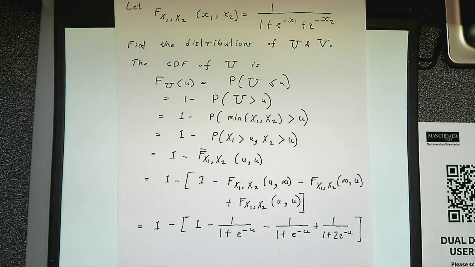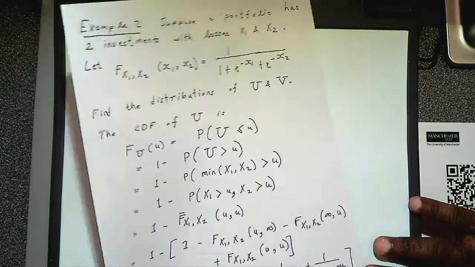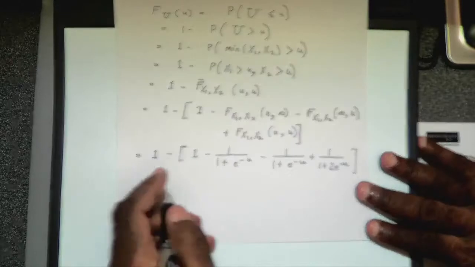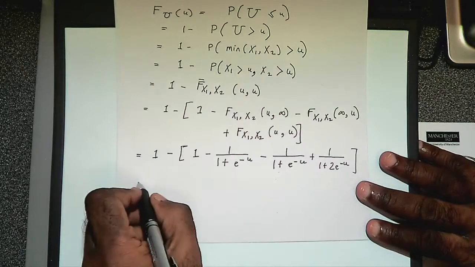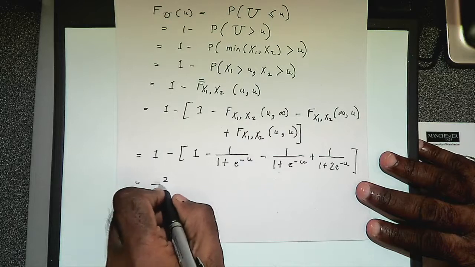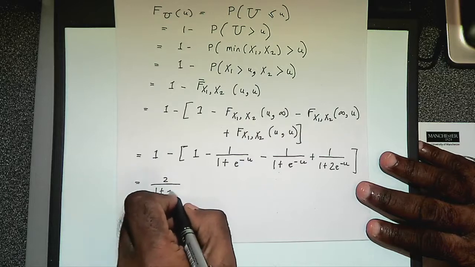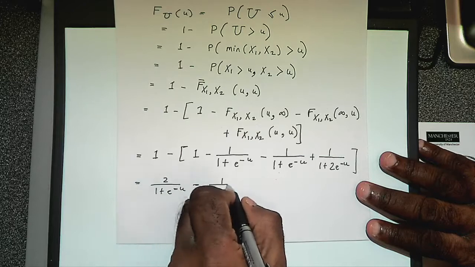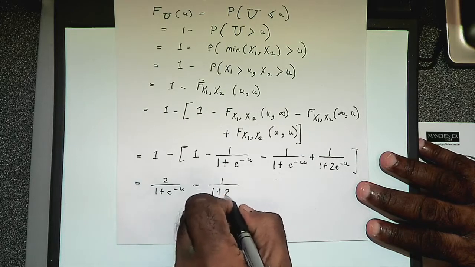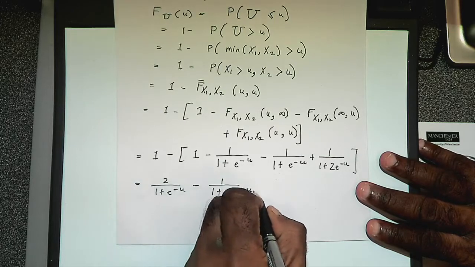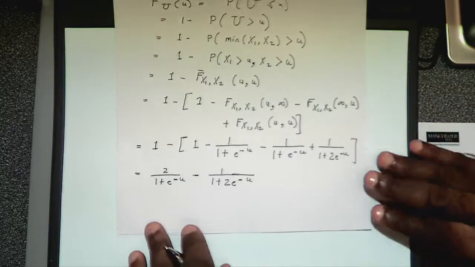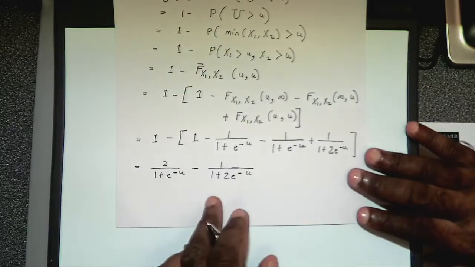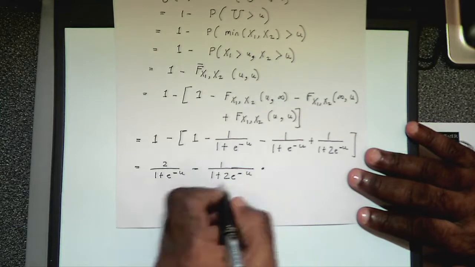All right, guys, so you should simplify this. The 1 and the 1 will cancel. So this will be 2 divided by 1 plus. So this is the CDF of the minimum portfolio loss.